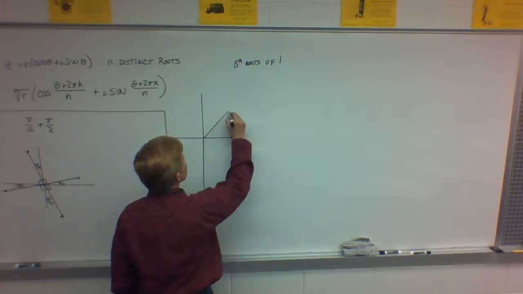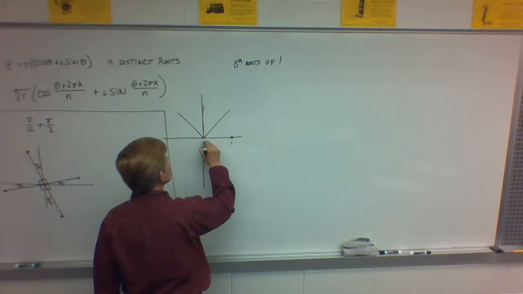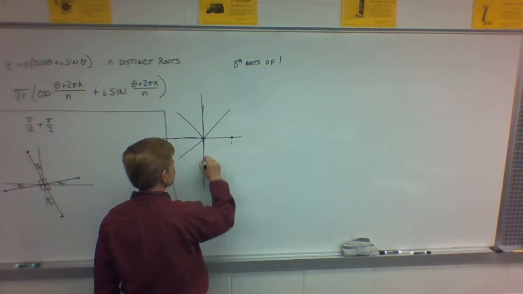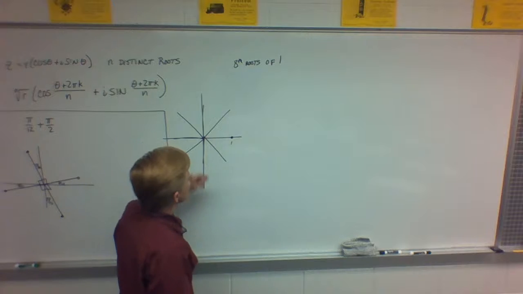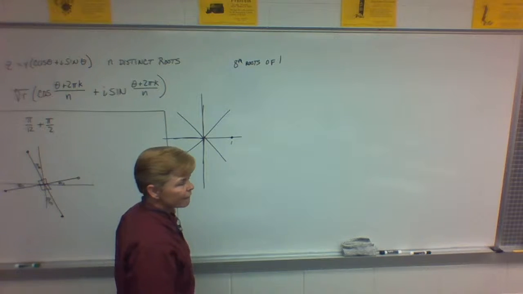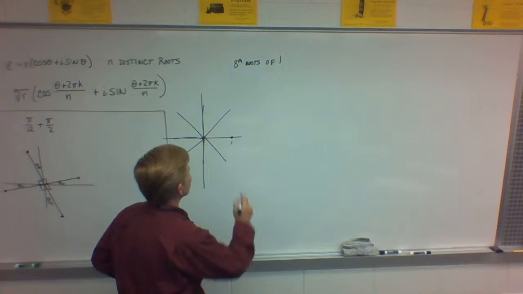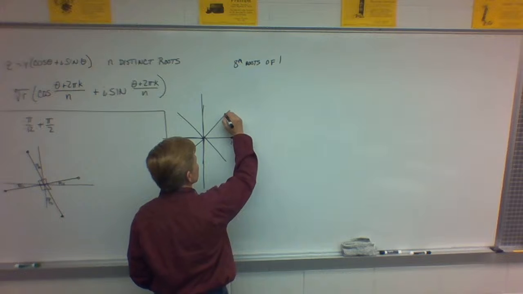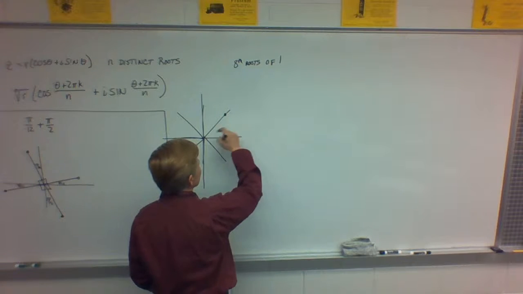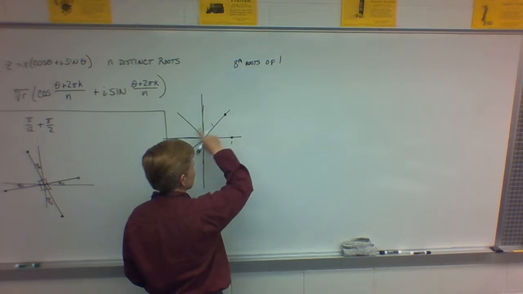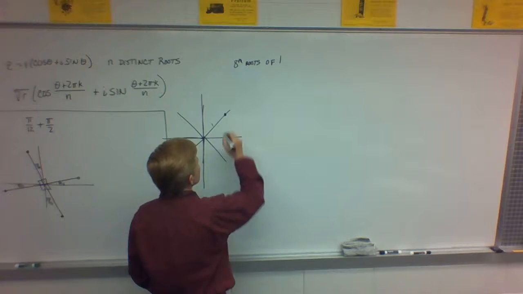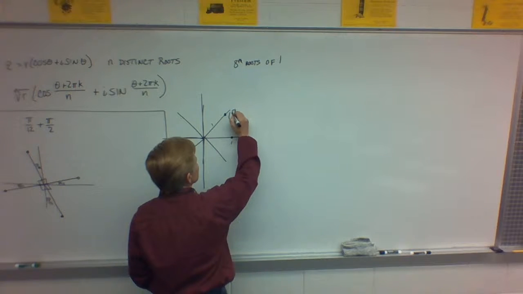Then I'm talking about this one, this one, this one, this one, this one, this one, and this one. All of radius 1. What would that point be right here? If this is 1, it's 1 all the way around. Every time it's 1. Yeah, this point would be root 2 over 2.